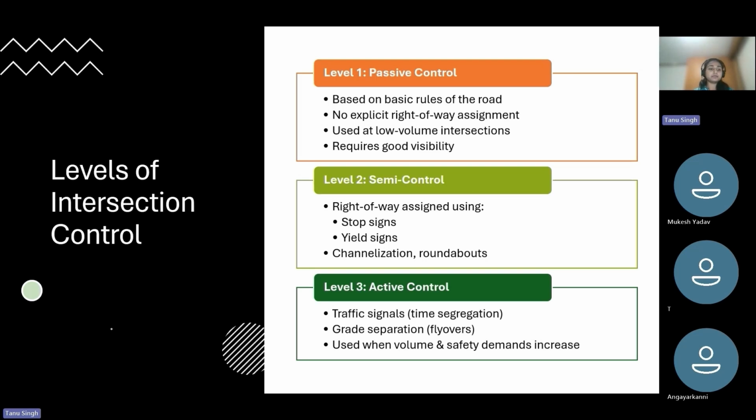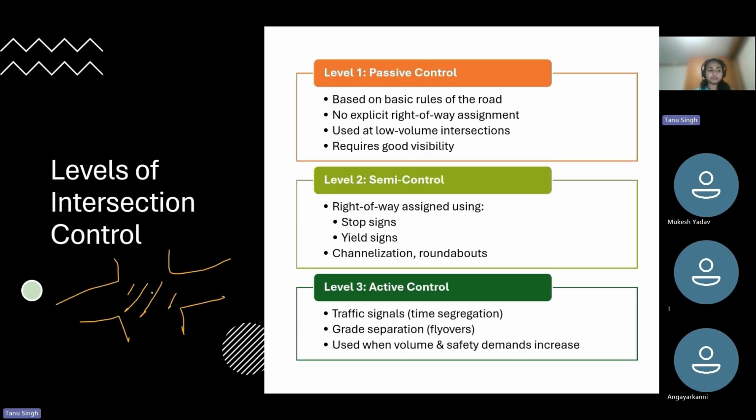We divide the use of this area with respect to time, so that conflicting vehicles move at different times in this particular area. Then the grade separation separates movements by height. Different levels eliminate conflicts entirely.